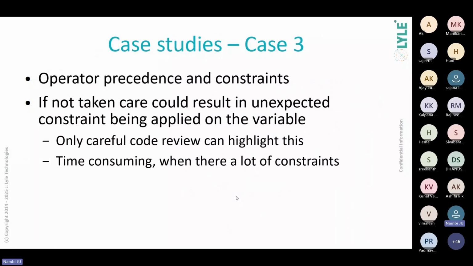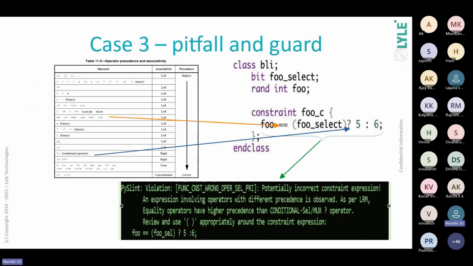The third case study we look at is the operator precedence on the constraints. If you don't take care about the ordering of the operators, then your constraint may be invalid or improper. For example, we are taking this constraint.